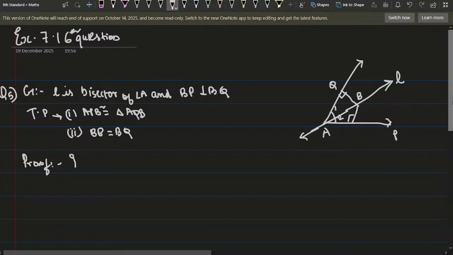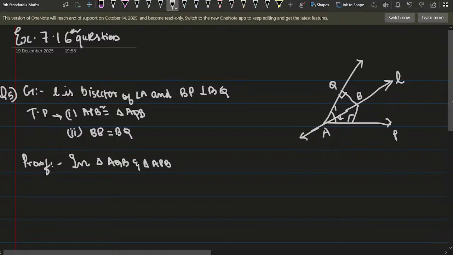In triangle AQB. So we have to prove APB and AQB, right? AQB, APB. Right?